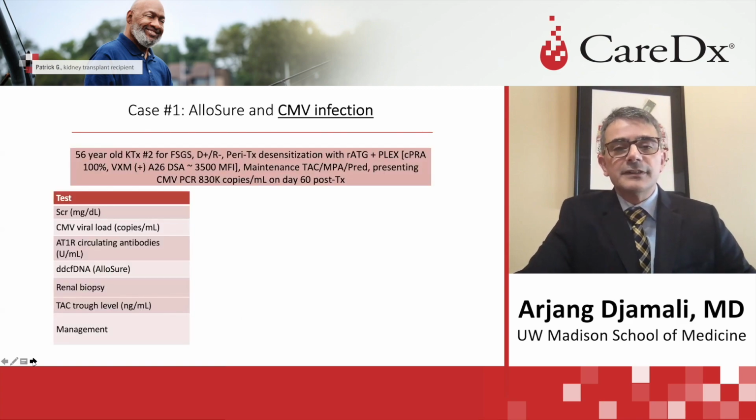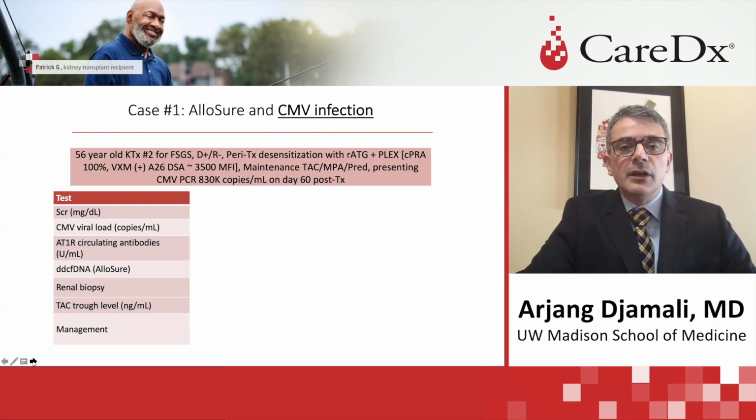This is the first case I was hoping to share with you, a case in which we use AlloSure in patients with CMV infection. A 56-year-old secondary kidney transplant recipient with FSGS, CMV donor positive and recipient negative, underwent desensitization at the time of transplant with thymoglobulin and plasma exchange, for a high CPRA and a positive virtual crossmatch, as you can see here.